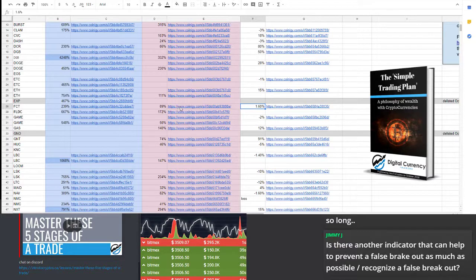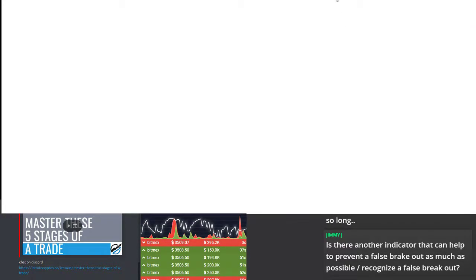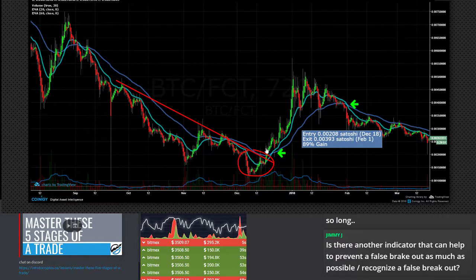Let's go to Factum on the 89%, and we'll see a similar pattern where it's come up to a 1, 2, 3 top formation. Here is our trend line break right there, and it's time to get out right at that moment. Then we have the moving average crossover, and it's time to get out on the second part of your trade.